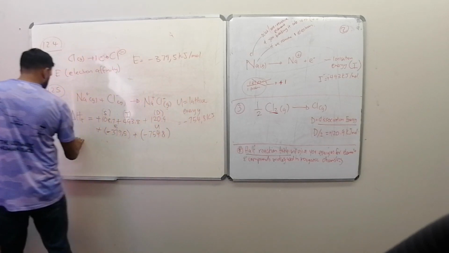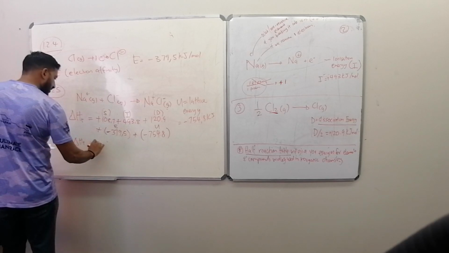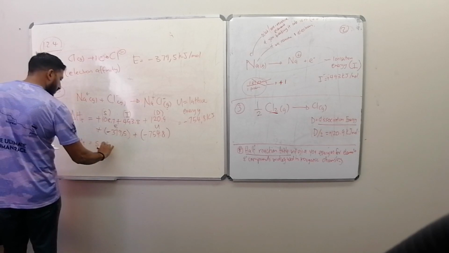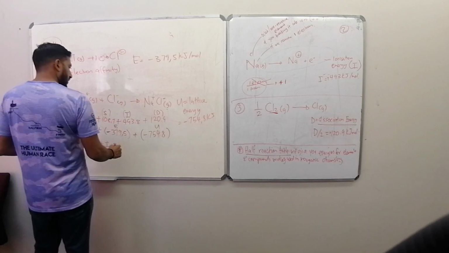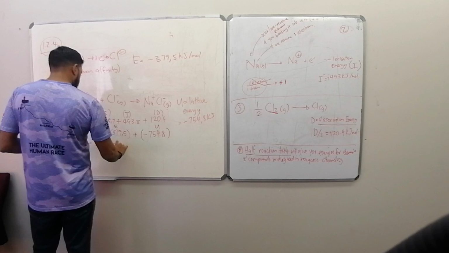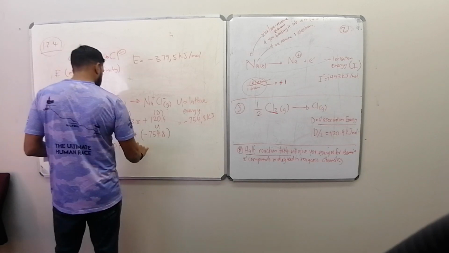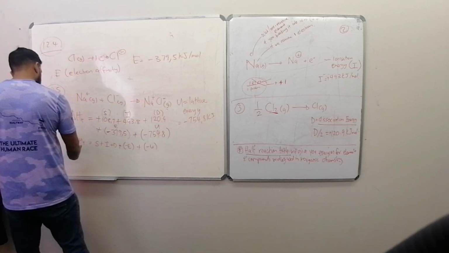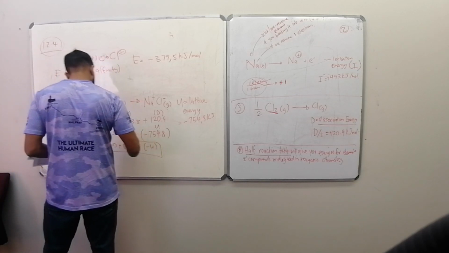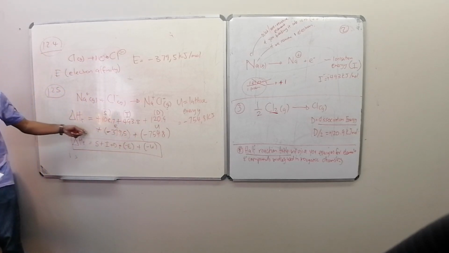So if we look at this here, in terms of abbreviations, it's going to be S plus I plus D, plus, usually it's minus E plus minus U. Right, so that's our formula.